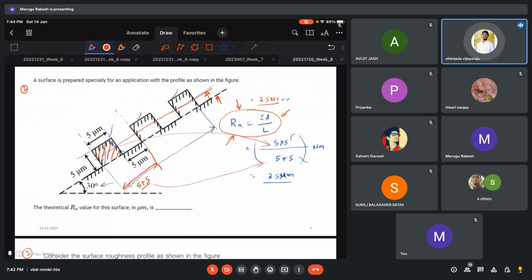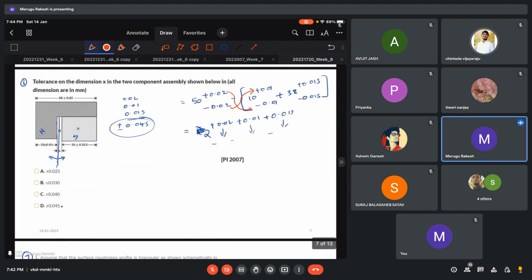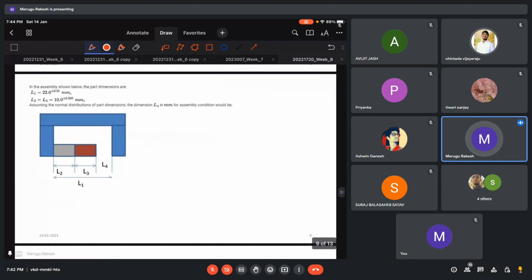There is no peak here, so only one area is considered since there is no material here itself. So we can go with this.